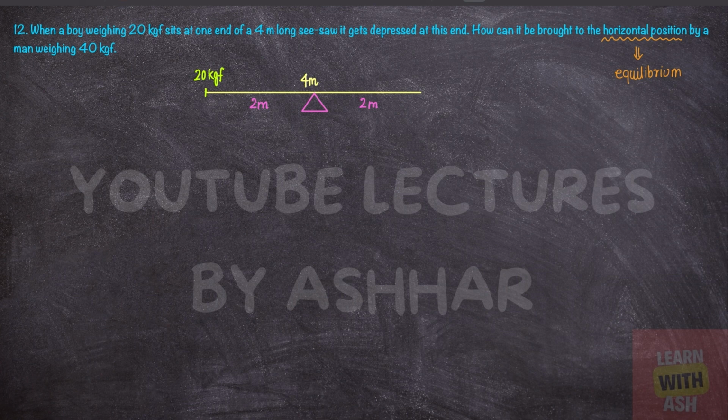So now the same rule: W1 multiplied with D1 is equal to W2 into D2. Now what is the weight of that boy? That is 20 kgf, multiplied with the distance, which is 2. The weight of that man is 40 kgf, and I don't know the other distance. So this will be 20 multiplied with 2 divided by 40, which is D2.